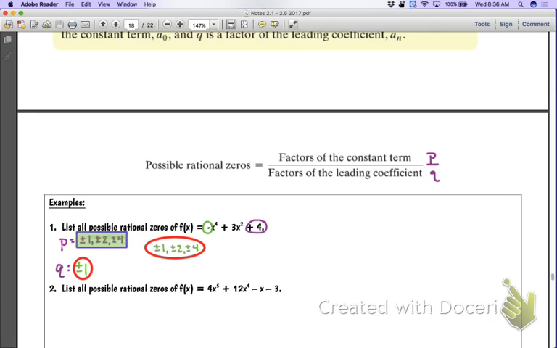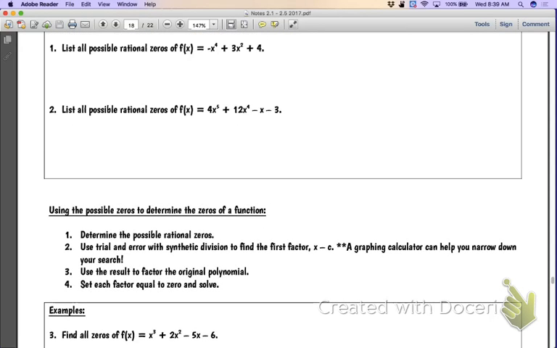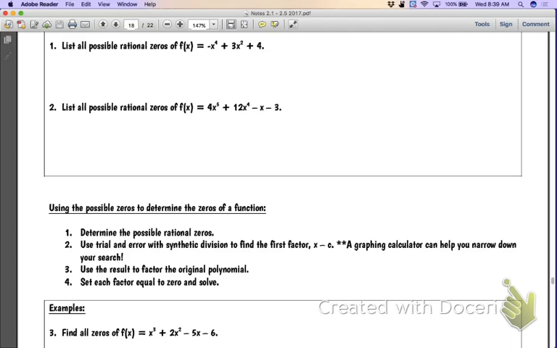It's when we have numbers like in number 2 that your list is going to get really large. So if I have all of my possible zeros in number 2, the first thing I'm going to do is take my P values, all of my factors of -3.